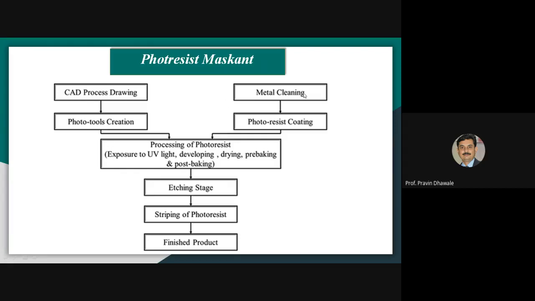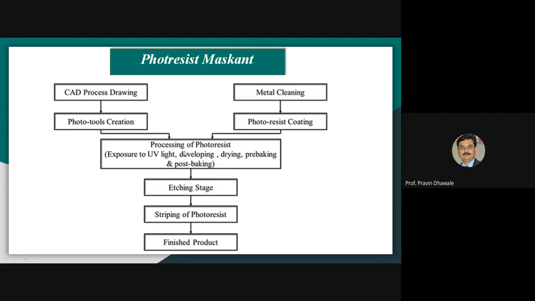Then you have to carry out metal cleaning, or surface cleaning of the workpiece. Then you have to apply the photoresist coating on the workpiece. After that, whatever drawing was created using the CAD process, using photo tool creation, you have to apply on this photoresist coating.